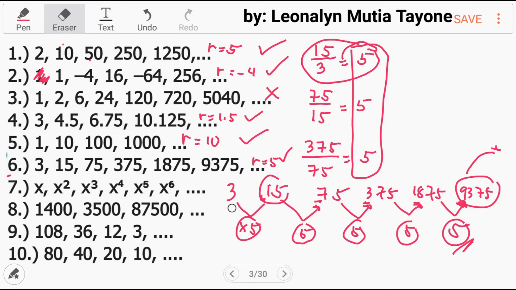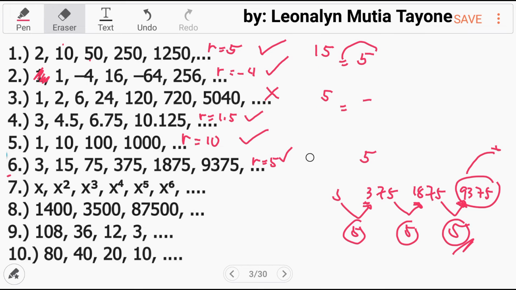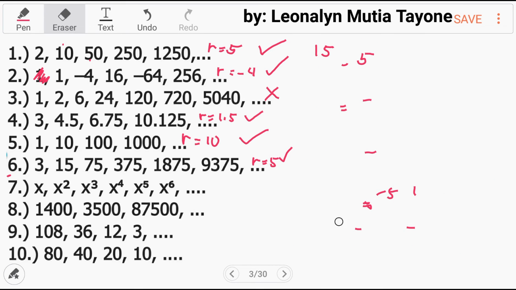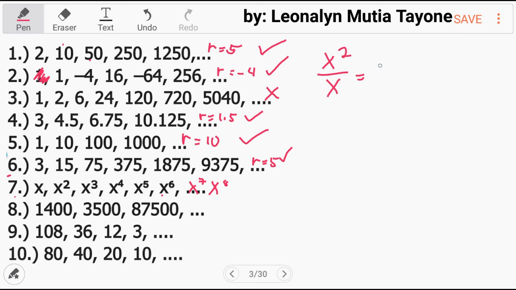Now, here we are at number 7. In number 7, the next term is obvious. Wait, let's delete this first. In number 7, it is obvious that the next terms are x^7, x^8, but the question is whether this is a geometric sequence. Let's look at the common ratio, if it has one. x squared divided by x equals x. In other words, for x to become x squared, we multiplied by x.